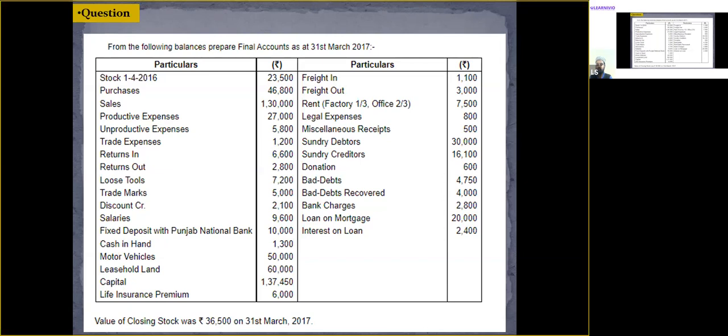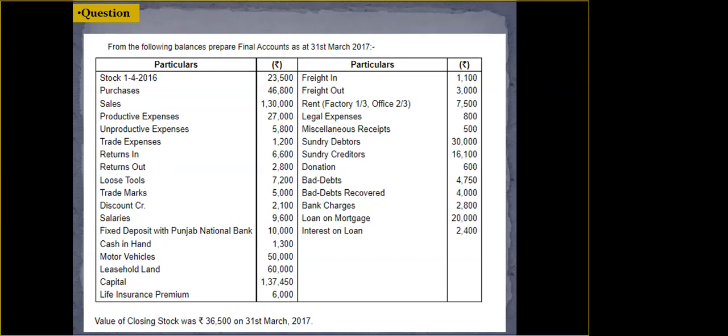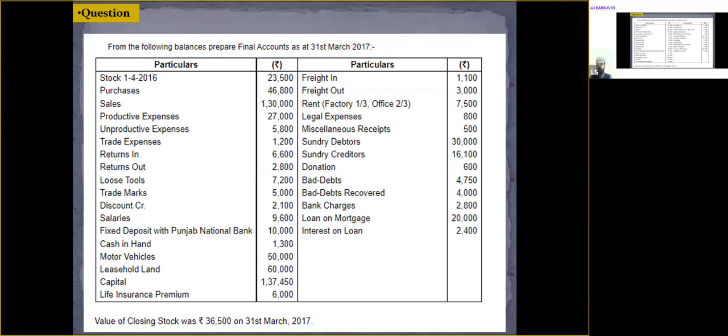Is that clear till this point? Anybody having any doubt? No, sir. All right, very good. Next item we have is rent. Now, in the bracket, we have been provided with further information that 1/3 of rent belongs to factory, and 2/3 of the rent belongs to the office.